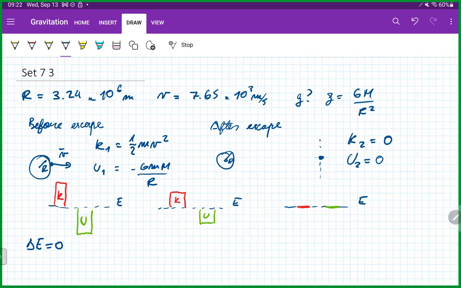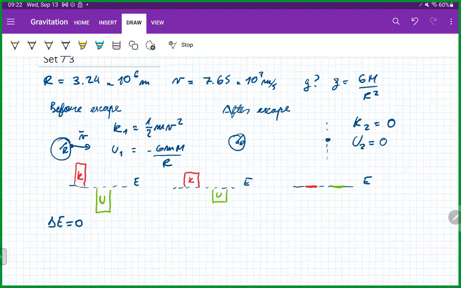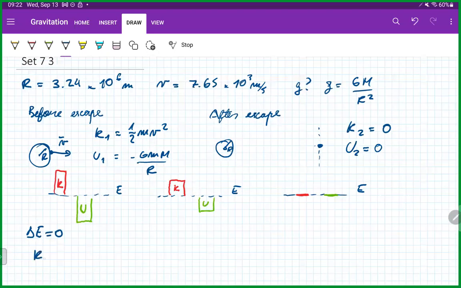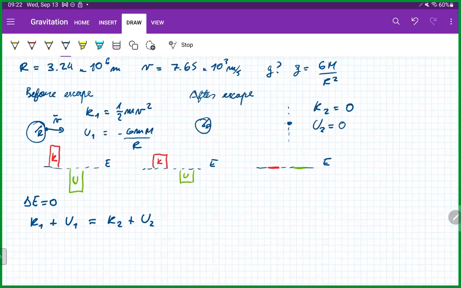So K1 plus U1 should be equal to K2 plus U2. We know that K2 is 0 and U2 is 0, so this is equal to 0.